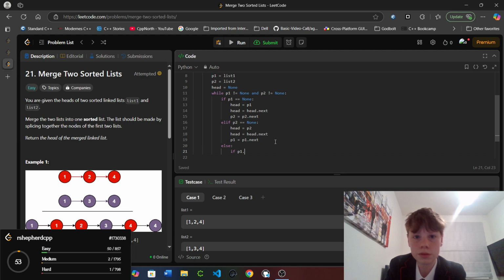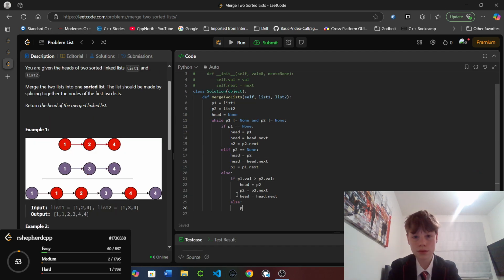Else. So what is the condition for... no, it should just be else, because even if it's equal, it won't matter. So head equals p1, p1 equals p1.next, head equals head.next.